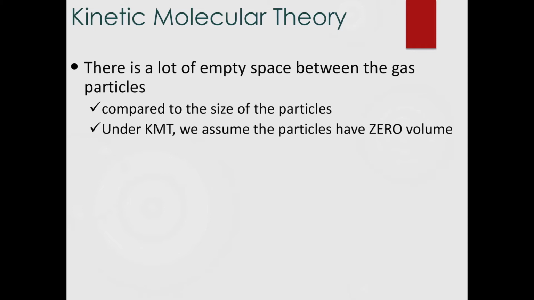We are going to think of the gas particles as having absolutely 0 volume. Now, in reality, that's not true, right? The atoms and molecules do take up some space, but because they are so small compared to the space in between them, we are going to say that they have 0 volume. And this is actually going to make our calculations much, much easier because we don't have to take into account the size of the particles themselves.